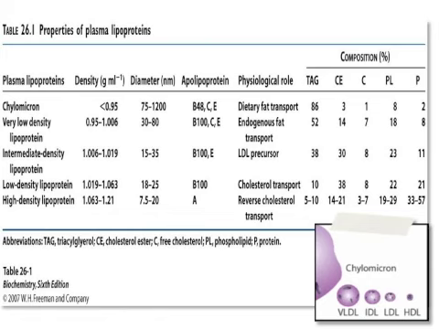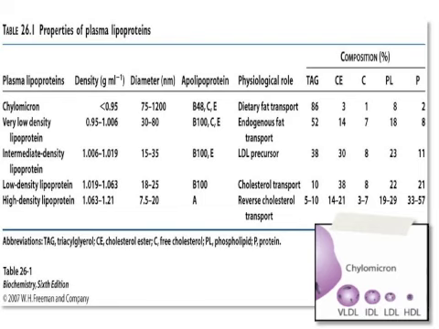We're going to start with chylomicrons. These are the least dense, and they have the highest diameter. They contain apolipoprotein B48 and C and E. Chylomicrons primarily contain triacylglycerols of dietary origin, and therefore the physiological role of chylomicrons is to transport fats.